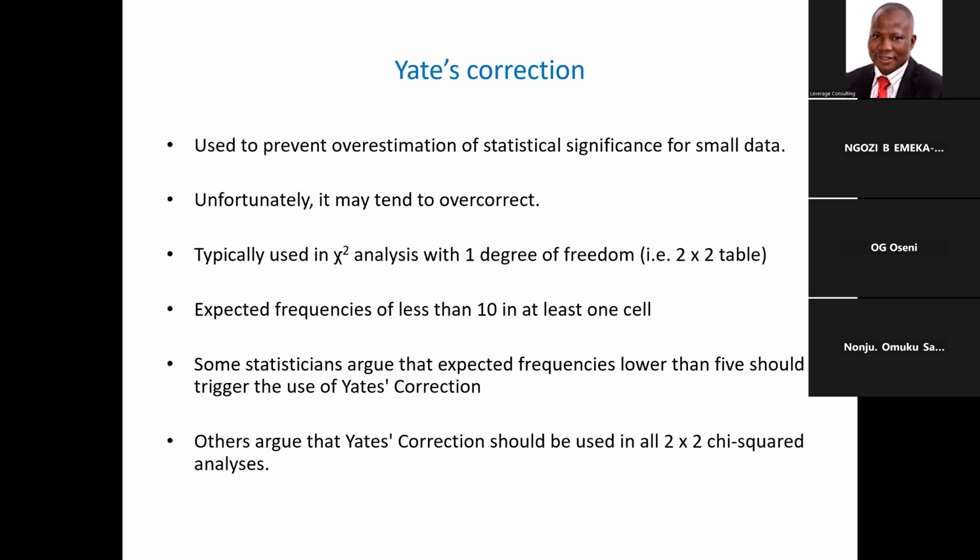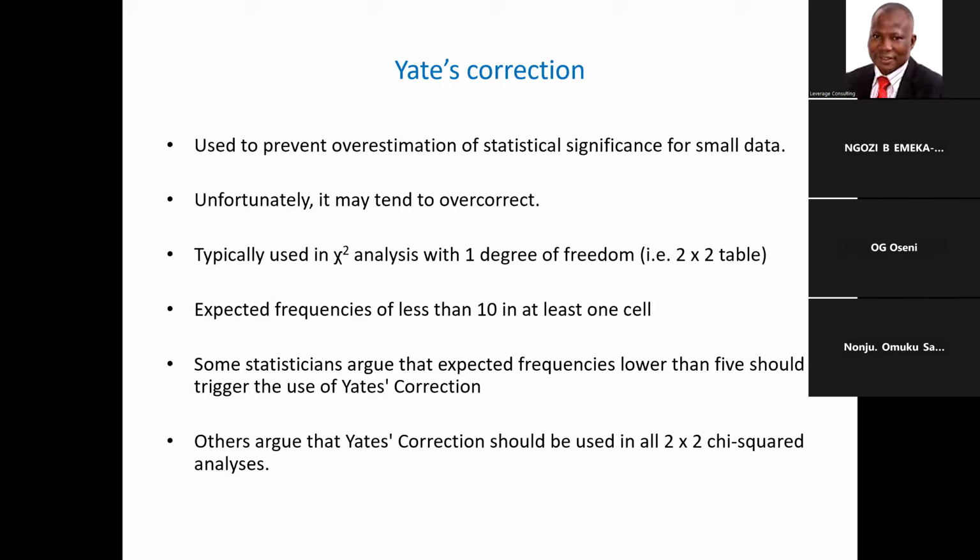It is typically used in chi-square analysis with 1 degree of freedom, that is a 2 by 2 table, and expected frequency of less than 10 in at least one cell. Those are the conditions that make people use Yates correction. Some statisticians argue that expected frequency lower than 5 should trigger its use.